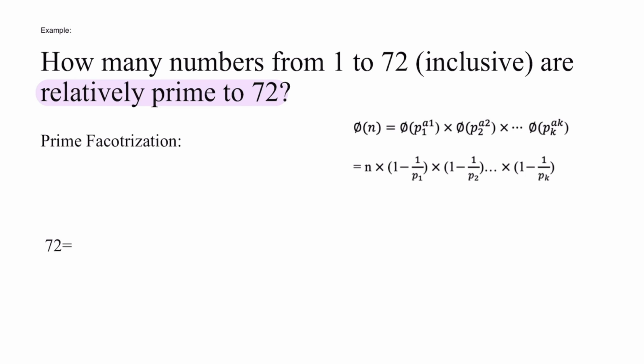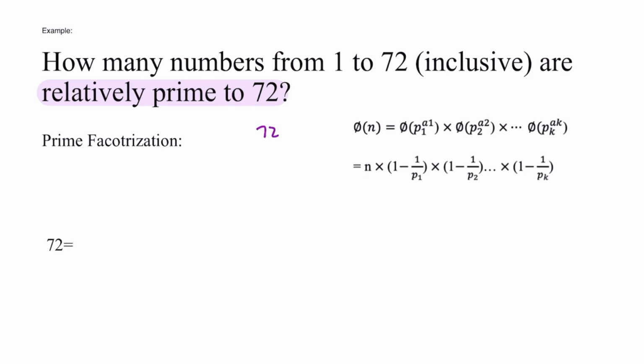So 72 divided by 2 is equal to 36, divided by 2 again is 18, divided by 2 again is 9, divided by 3, that's 3, divided by 3 again, and that gives us 1.